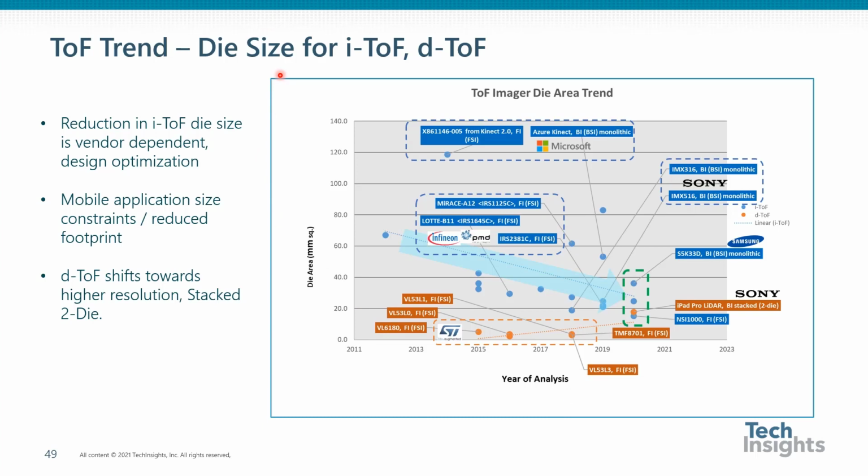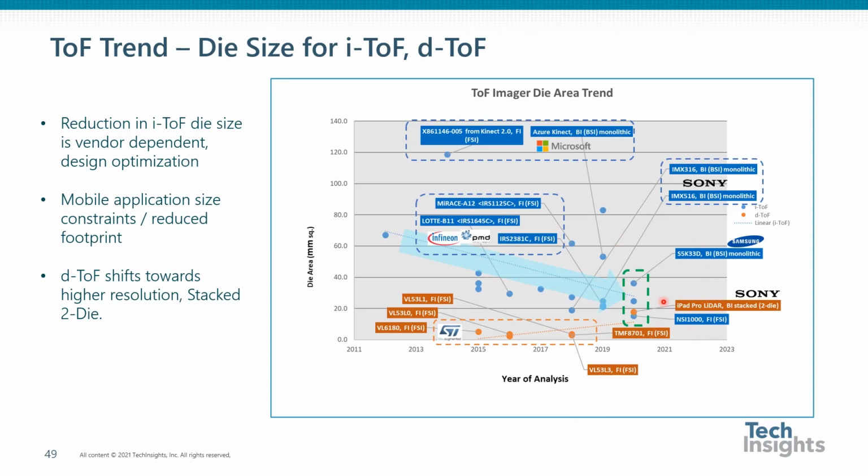In general, we can see that for iToF sensors, there is a tendency for decreasing die size with time. However, for dToF sensors in brown, the trend is not so clear.